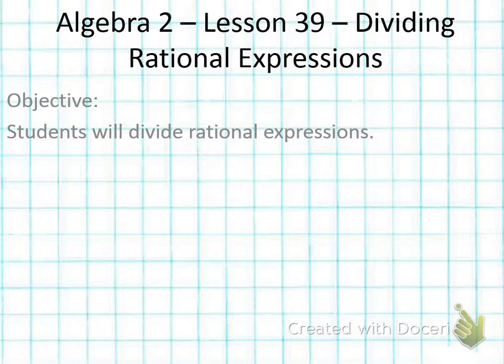So when someone taught you how to multiply and divide fractions, when we divide fractions, you might have a problem that looks like this from before, like 1/2 divided by 3/2, right?